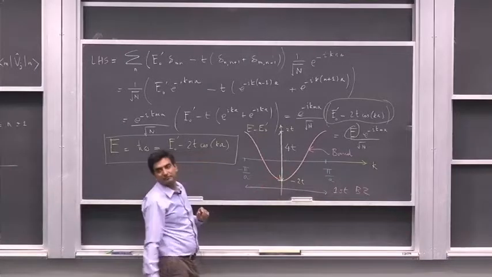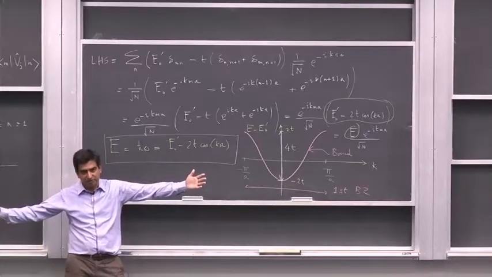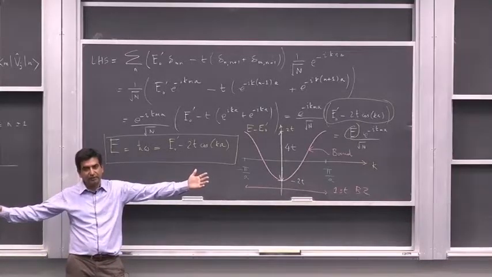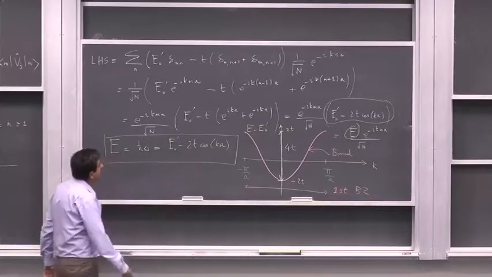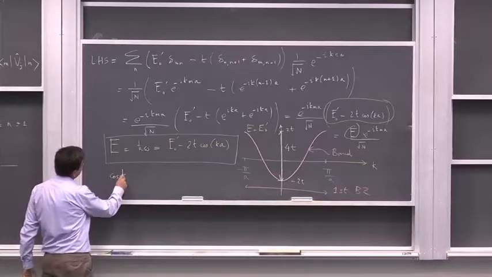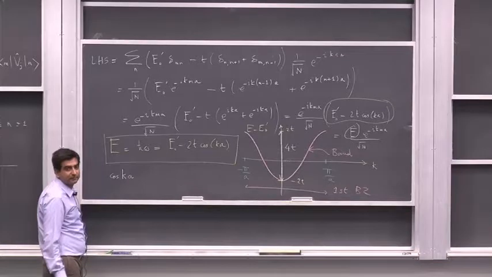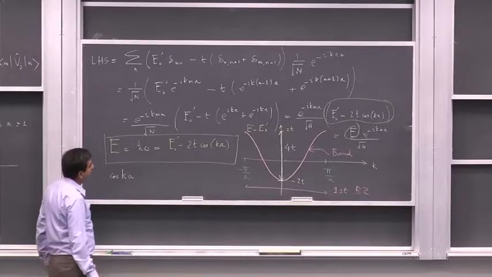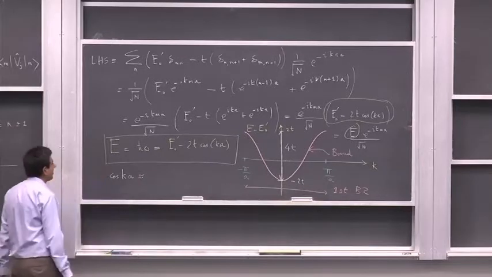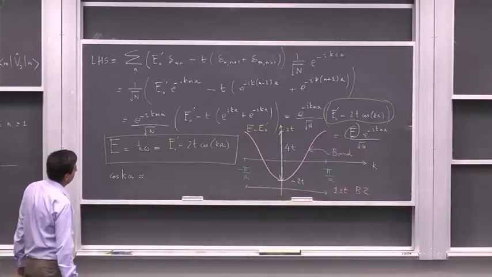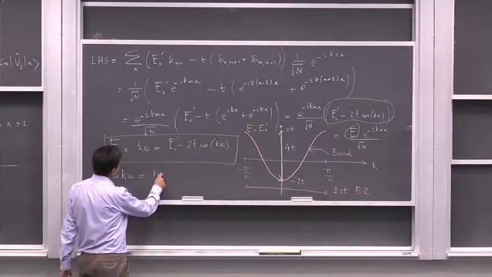If k is small, which means the temperature is low or the wavelength is large for the electrons inside this tight binding chain, then I can replace cosine Ka.